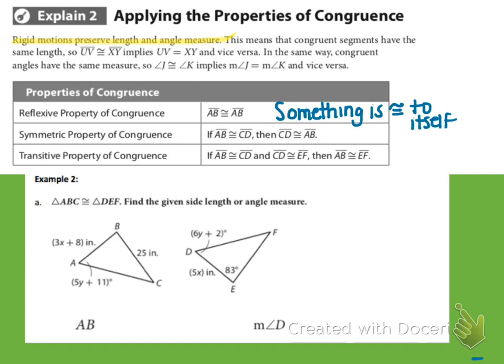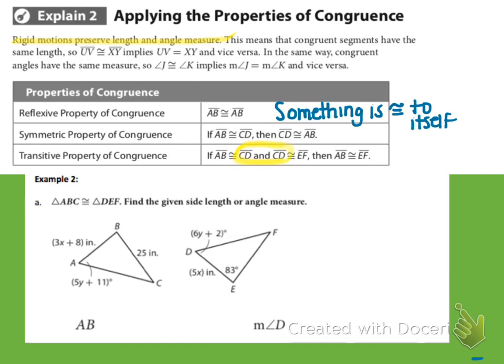And then the transitive property. The transitive property says if two things are both congruent to the same thing, they must be congruent to each other. As in this particular statement, if AB is congruent to CD and CD is congruent to EF, then AB must be congruent to EF. I like to call this the linking property, because see how they both have CD in common?